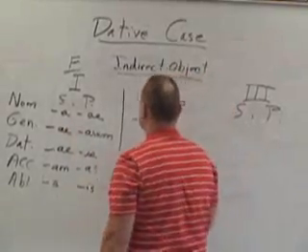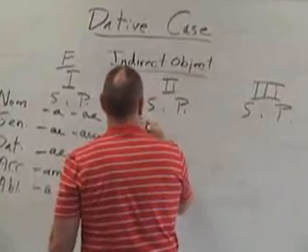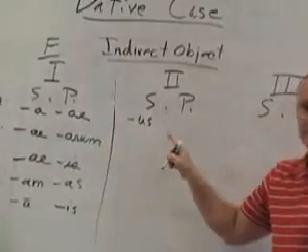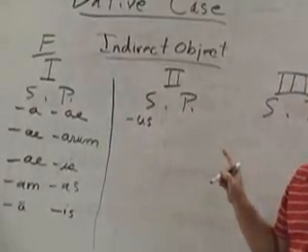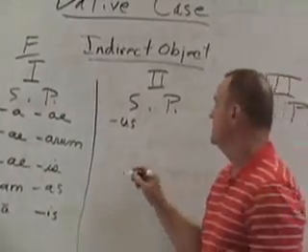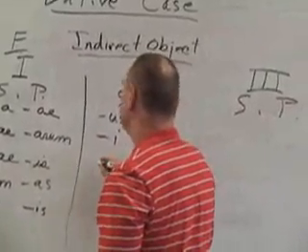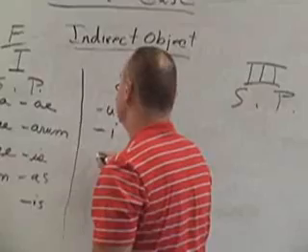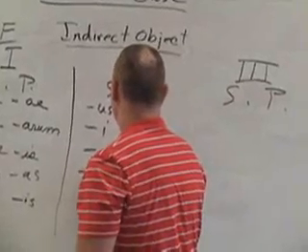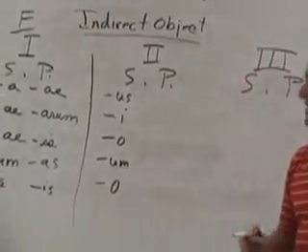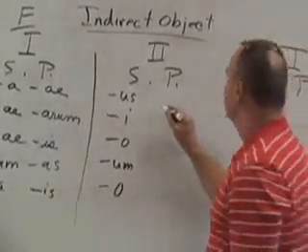Okay, second declension, US here, or it could be a UM if it's neuter. And you'll see bellum declined in the back of your book with that. Then I for the genitive singular, it's unique to that declension. O, UM, and O. So the dative singular for the second declension ends in O.